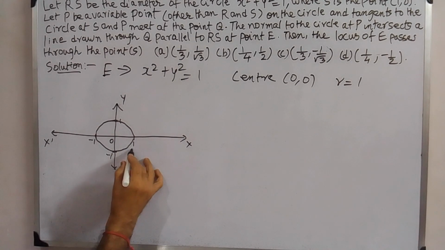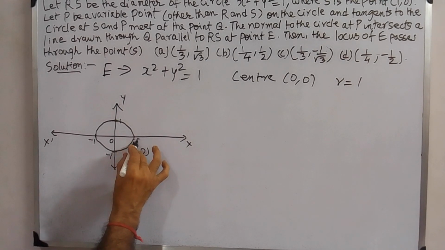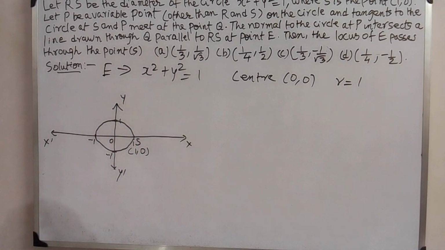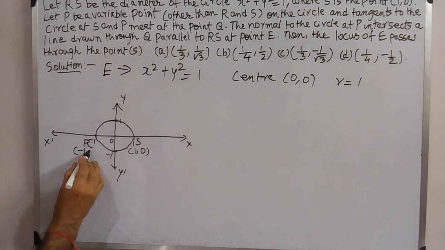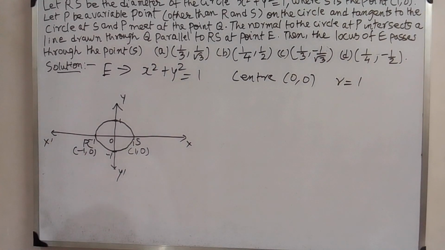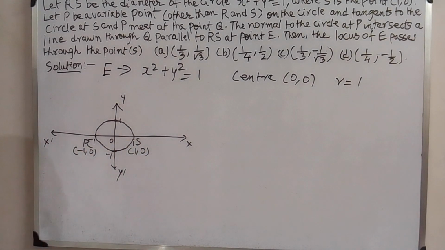So this point is S, and this point will be R, whose coordinate will be (minus 1, 0), because it is lying on the x-axis.